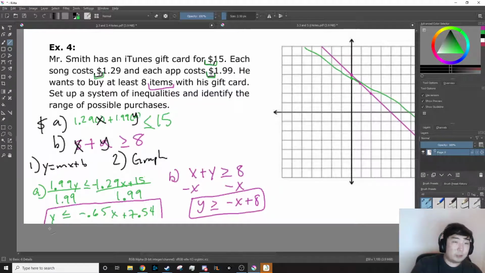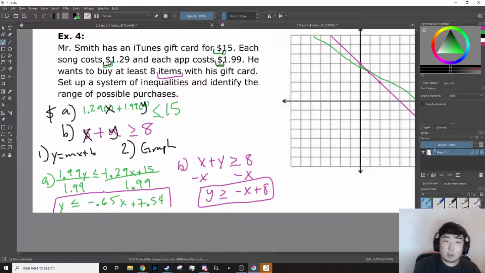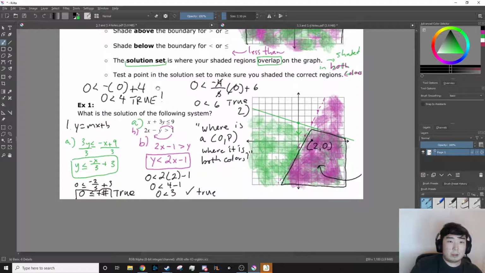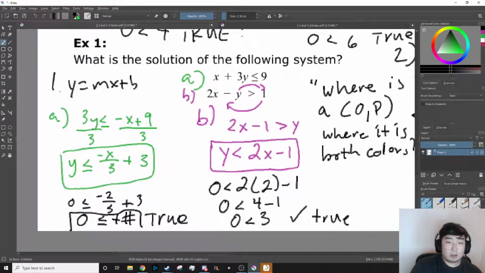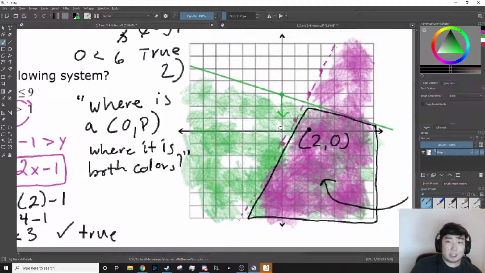So, which way do we graph my A inequality, or my green inequality? I'm going to shade downwards because my inequality is facing towards my equation. Remember, these are all facing towards the mx plus b, so we shaded downwards.